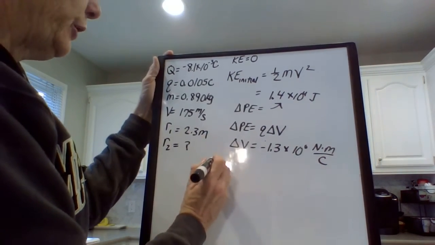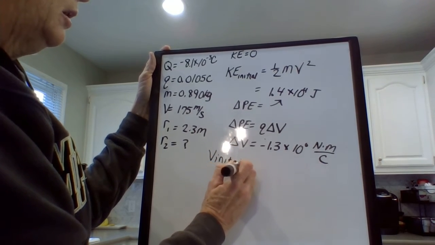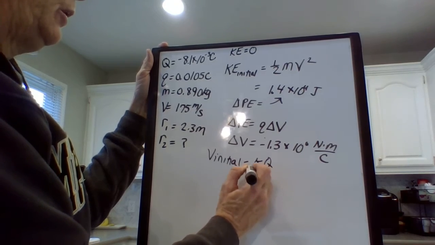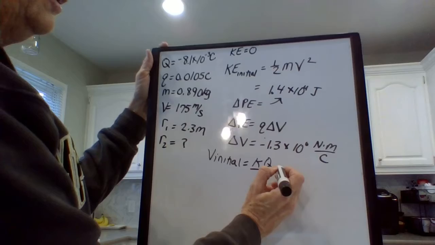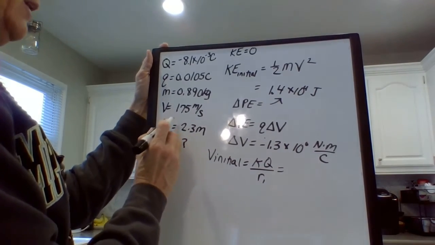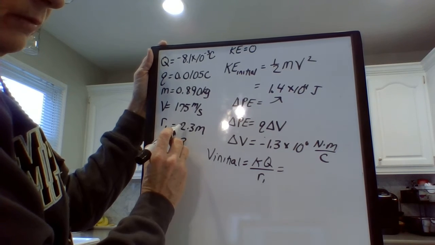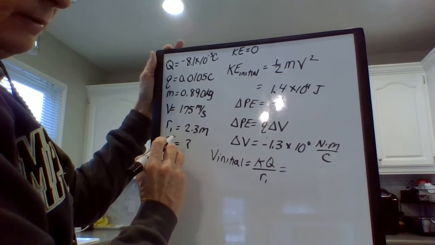We can calculate the initial potential because we know K, always, we know Q, and we know the initial radius. So putting those numbers in, this is R1.